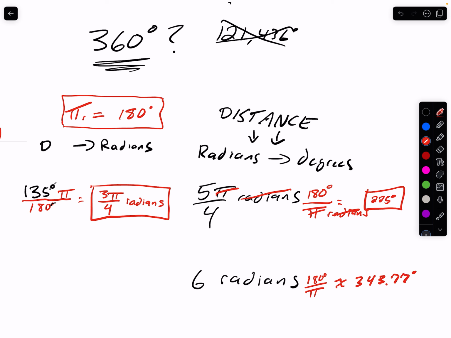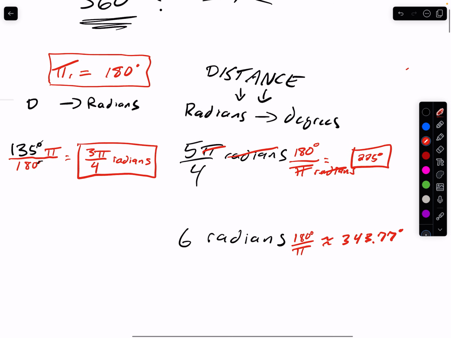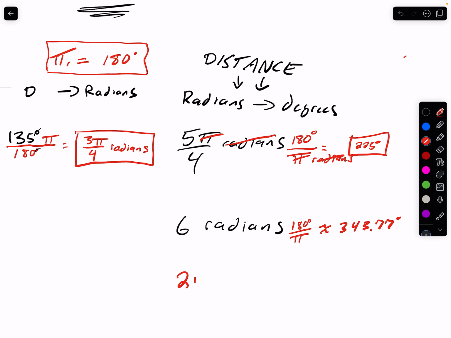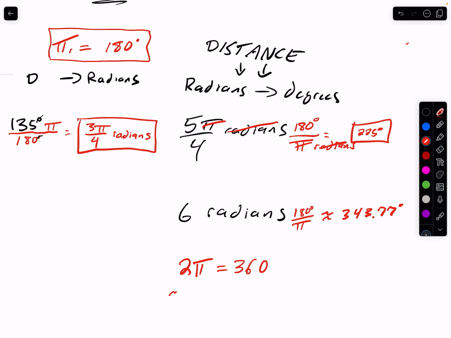So you can see that 6 radians is about 343 degrees, which should make sense, right? Because what do we say a full rotation was? 2 pi is a full rotation, which is equal to 360. Now, 2 times pi is approximately 6.28. So you can see how these values kind of come up.